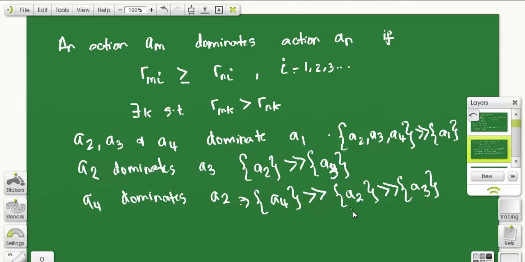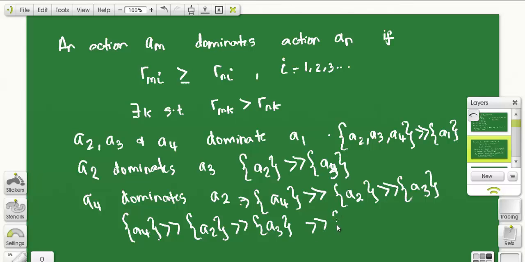But then we know A2, A3 and A4 dominate A1, so we can have the following structure. We'd have A4 dominating A2, which would dominate A3, but collectively the very first step that I did is A2, A3 and A4 dominate A1, so they all dominate A1. So the dominating action is A4.